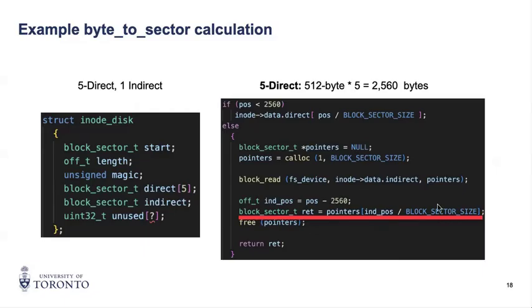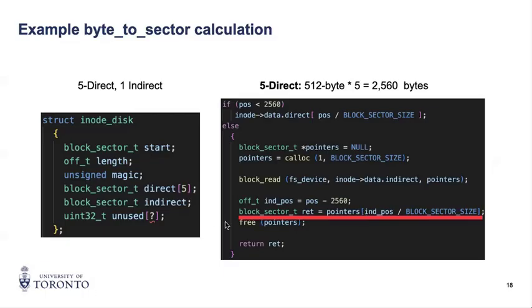It has nothing to do with pointers. Some people get it wrong, but it's a small mistake. Here, the pointer stores sectors, and using the position divided by block sector size, you know which pointer you're in.